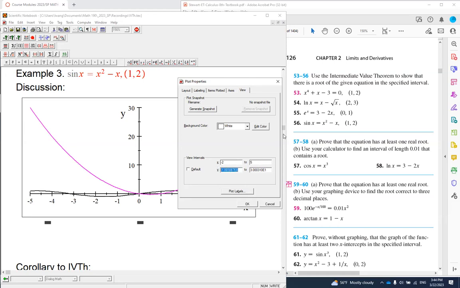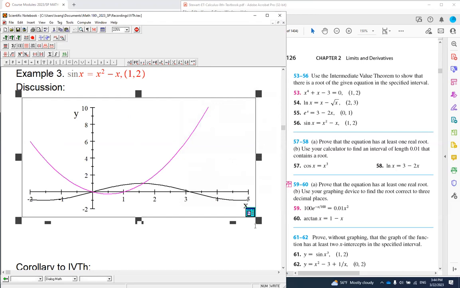We can make adjustment. Okay, -2 to 10. There we go. And you can see these two curves actually have 2 points of intersection. But between 1 and 2, there's just one intersection. Had we a different or larger interval, it might have two intersections. So from -1 to 2, we have 2 points of intersection.